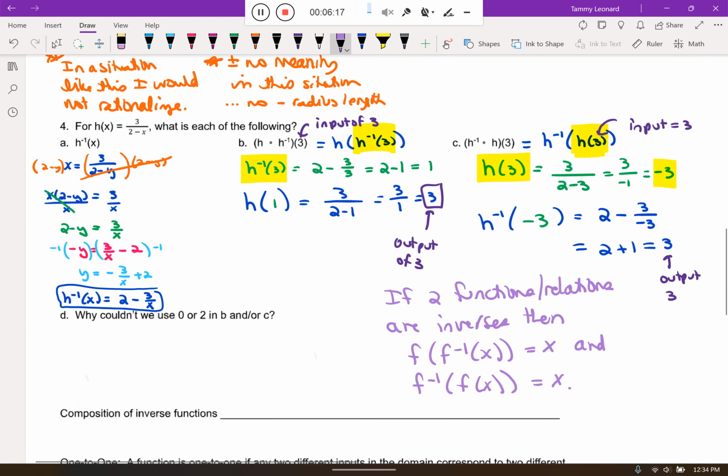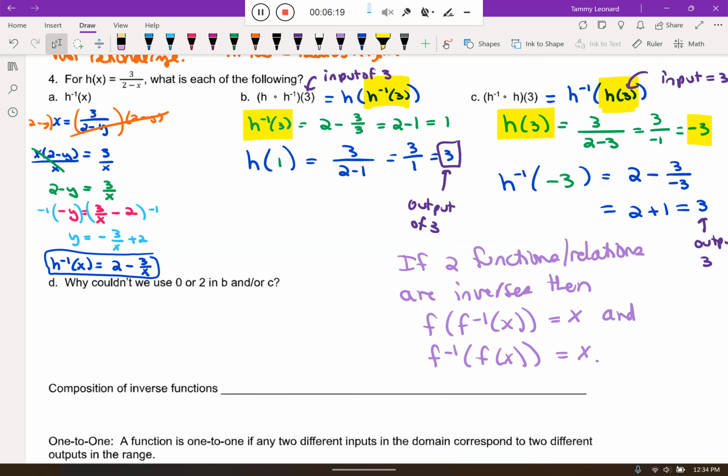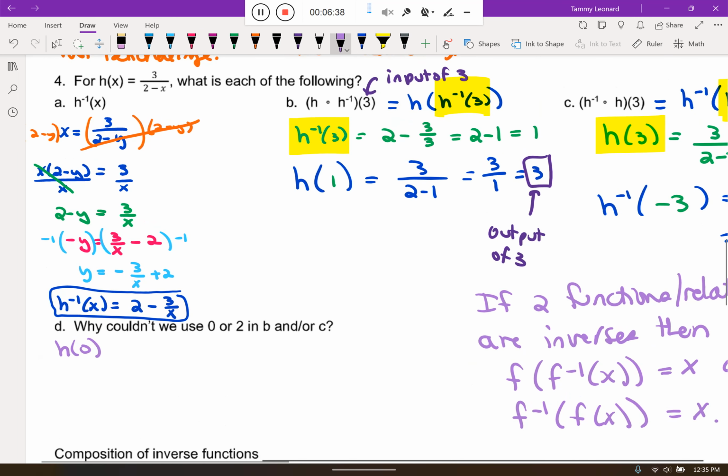Now, we're asked here, when we did B and C, I had you plug in 3 both times. And in question D, I asked, why couldn't we use 0 or 2 in parts B and C? So let's look and see what would happen. If I did h of 0, I would get 3 over 2 minus 0, which is 3 over 2. There's no issue there.